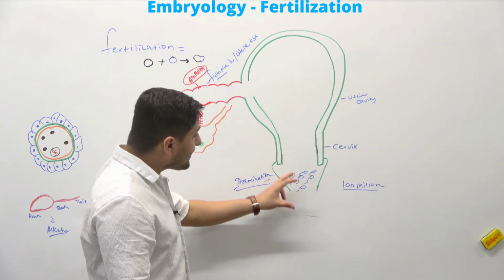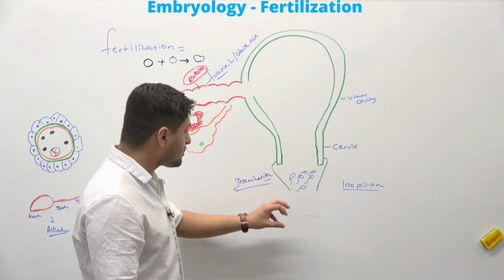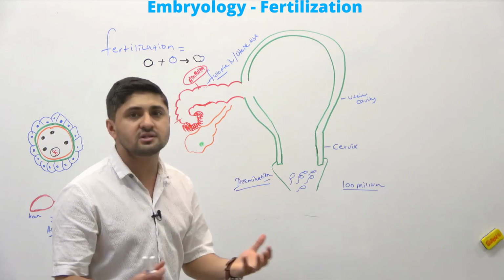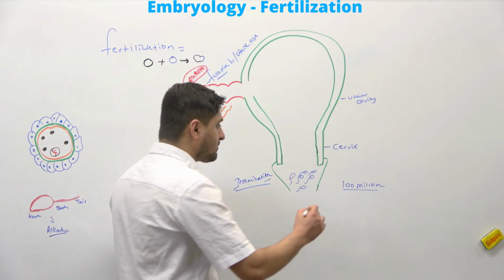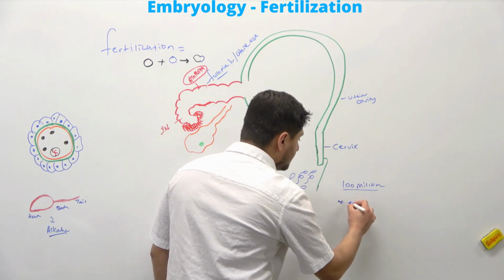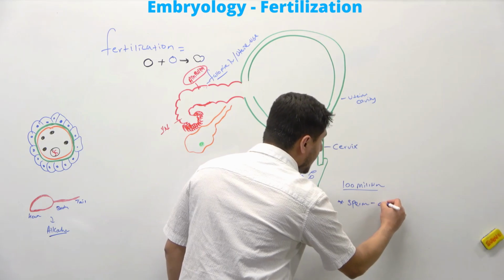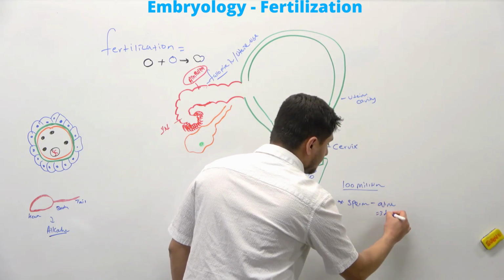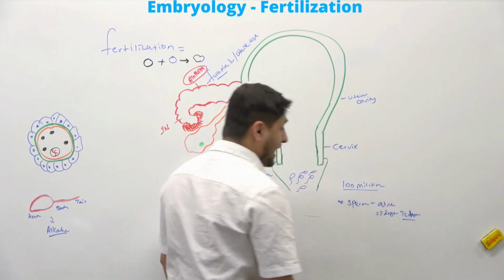So whenever sperm get deposited into the female genital tract, they do not survive for that long. Normally, sperm can survive, or be alive, for maybe 3 days, or 72 hours.